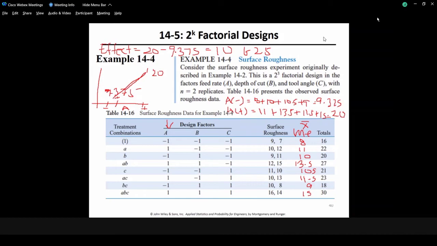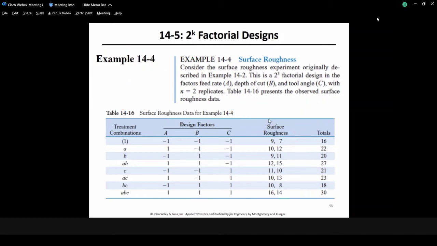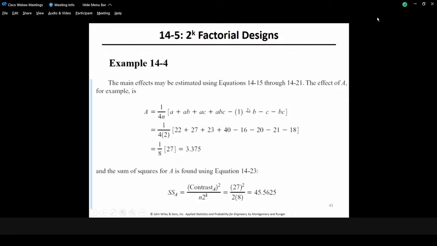Okay, check the number. Is it correct? Main effect 3 point something. I think something is wrong. It's not the same as the mean of A, 3.3.